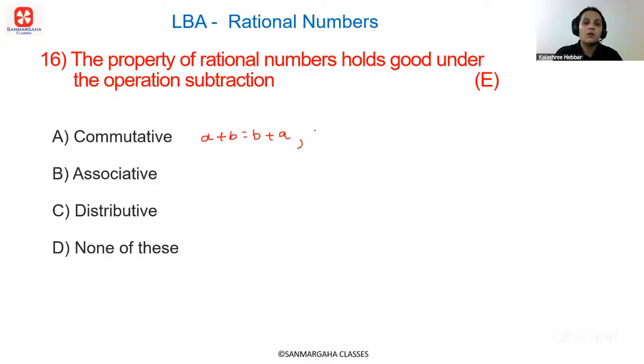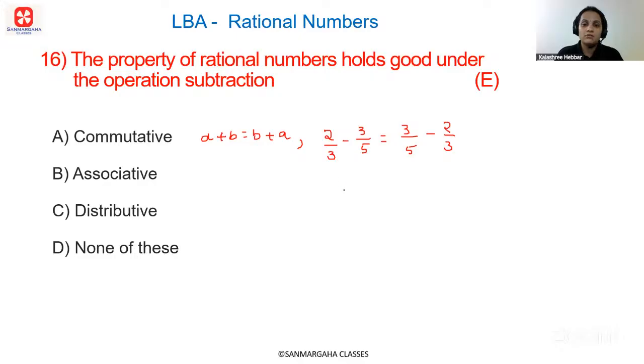Now it should be for subtraction. Take any rational numbers: 2 by 3 minus 3 by 5 is equal to 3 by 5 minus 2 by 3. Are they equal?